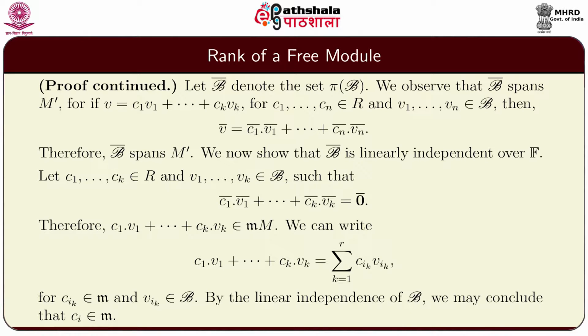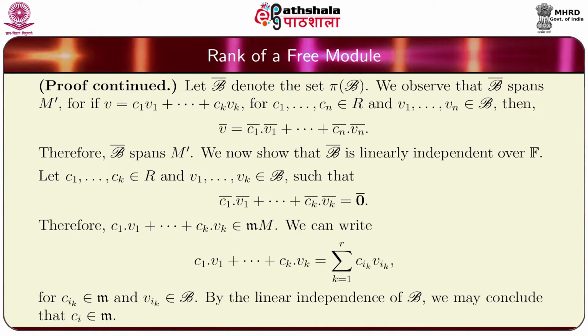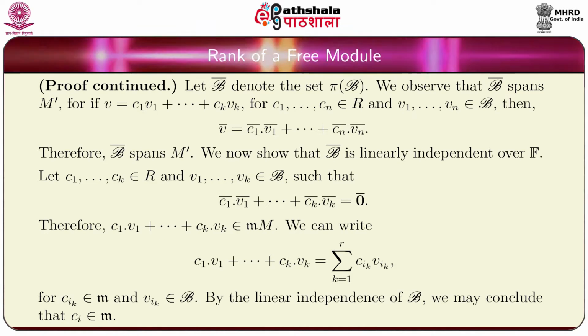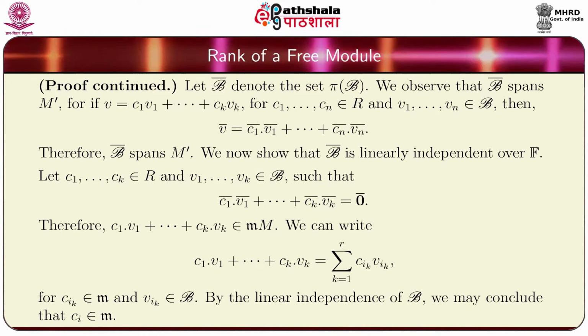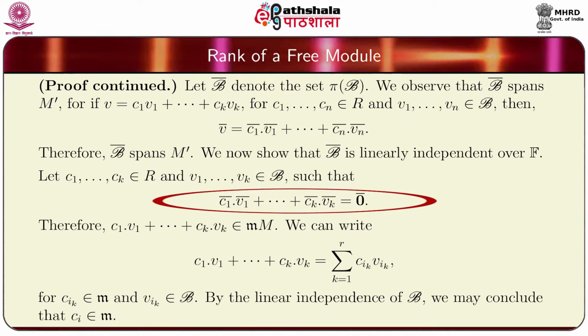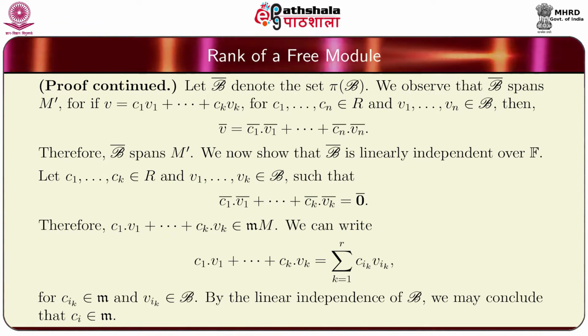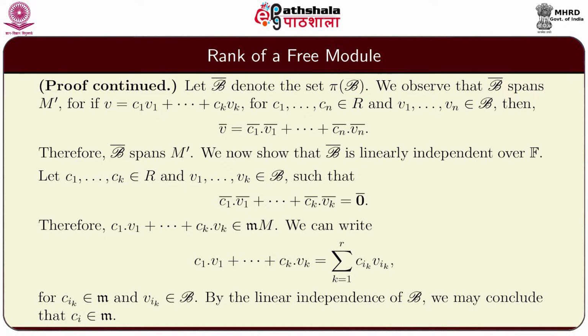We now show that B bar is linearly independent over the field F. Let C1, C2, Ck be elements in the base ring R and V1, V2, Vk be in the basis B, such that C1 bar dot V1 bar plus etc. plus Ck bar dot Vk bar is 0 bar.